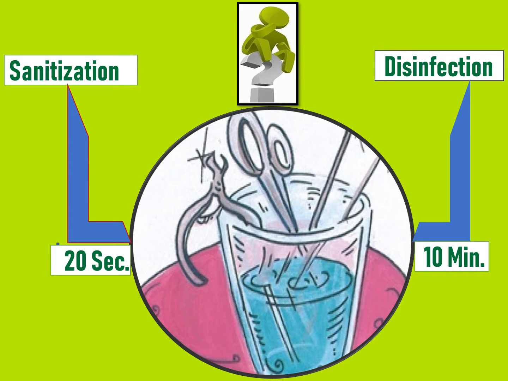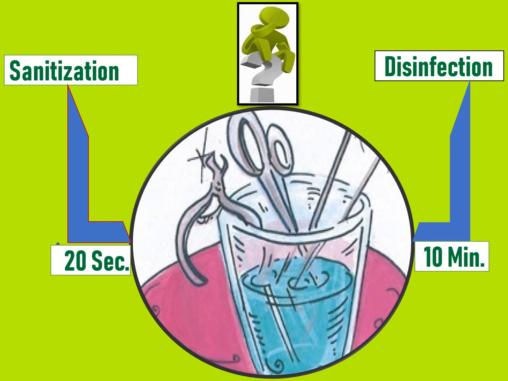Yes, here let me just clarify one important thing. What is the actual disinfection and what is sanitization? Disinfection means the complete destruction of infecting fungi or bacteria or something else. But sanitization means the reduction of microorganisms up to a considerable level of safety.